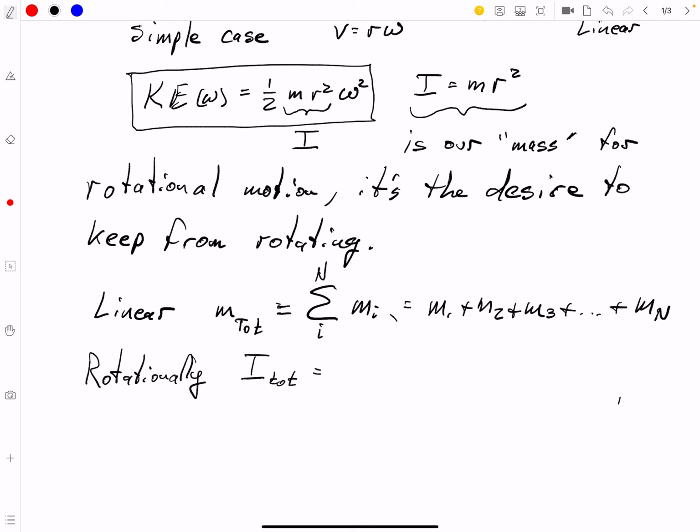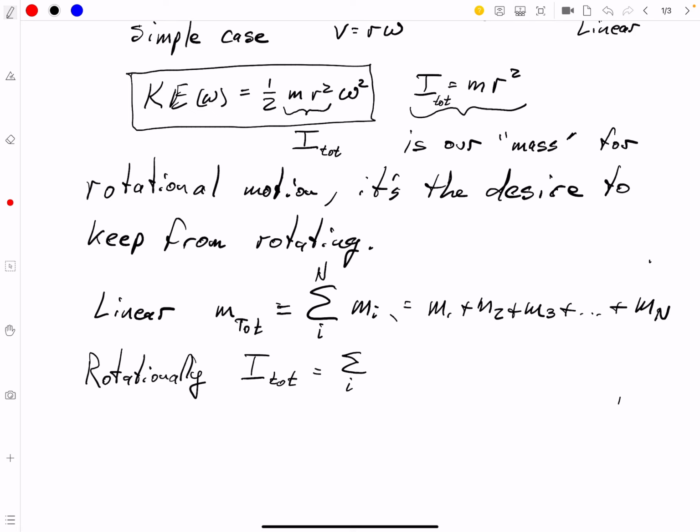And in this case that I just described, our I total is that mr squared. I total would be the sum of the masses, we only had one mass, times their radius squared.